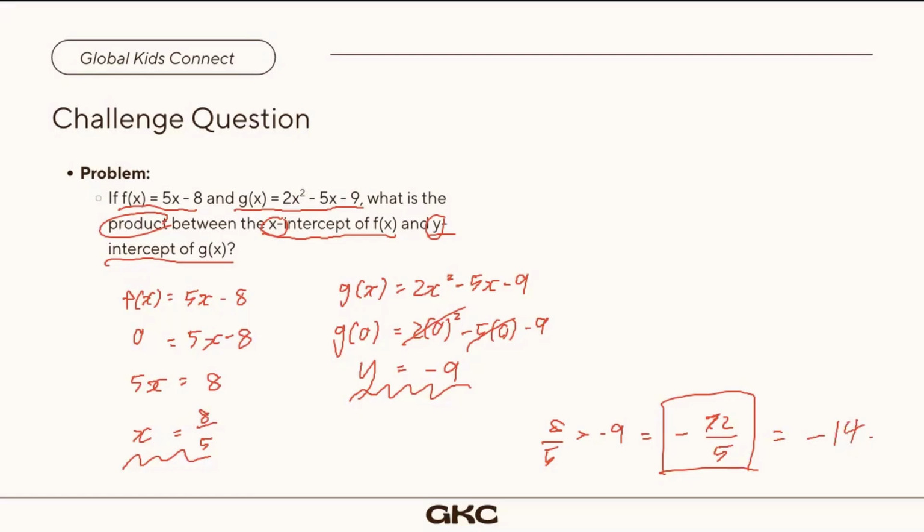In decimals, this would be negative 14.4. My recommendation is that because some fractions don't have a finite value for the decimal expression, I do recommend most of the time to write the fraction form of your final answer. That's the only thing to know for this.